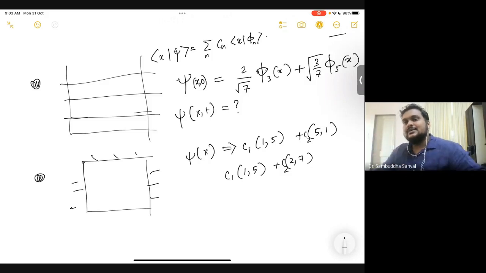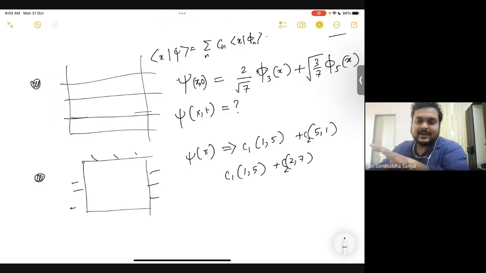You will see that there will be two classes of examples when you do this exercise. Some of them are separable, and separable means you can clearly make out the positive and negative parts, and some of them are not separable. They are mixed up in a very strange way. So this will lead a way towards studying entanglement in a particle in a box kind of problem.